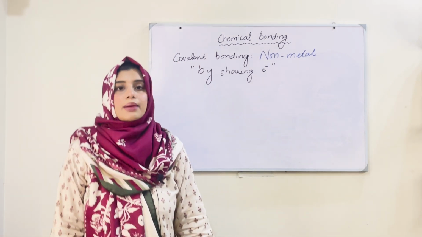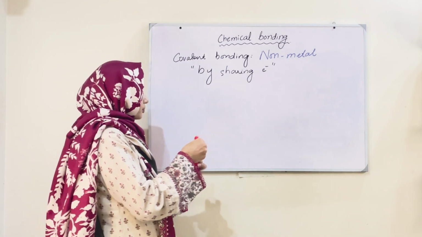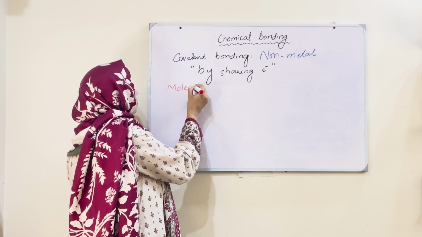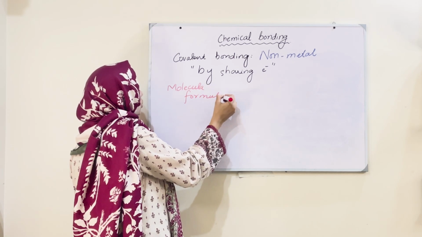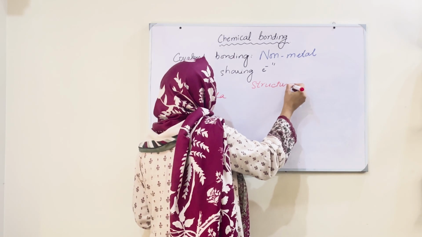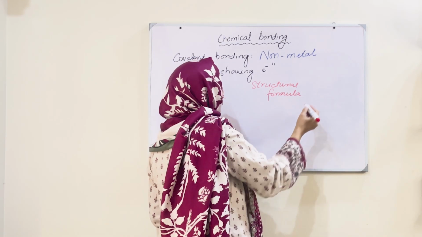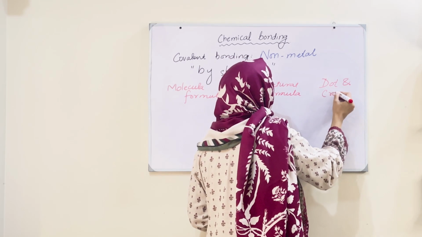When we discuss covalent bonding, we talk about molecular formula, we talk about structural formula, and we talk about dot and cross formula.